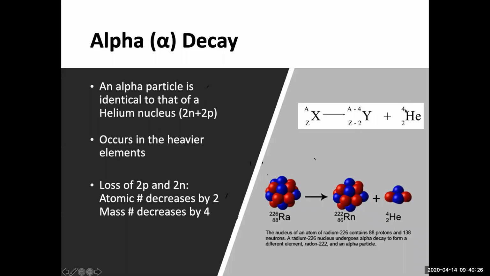An example here is radium and radon: the mass number goes from 226 to 222, so minus 4, and the number of protons goes from 88 to 86. So the atomic number decreases by 2 and the mass number decreases by 4. This is alpha decay.